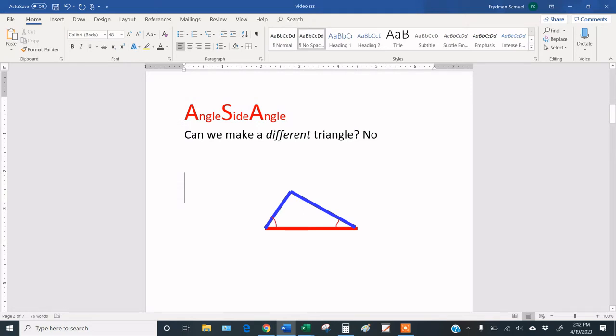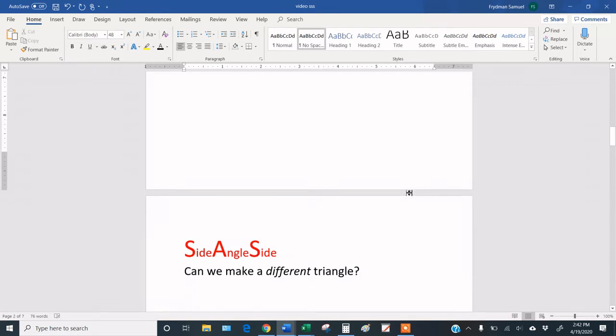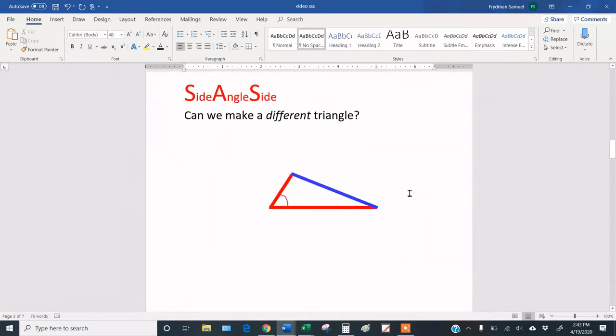All right, let's move on to the next set of conditions, which are going to be SAS. SAS stands for side, angle, side. So I am not allowed to change this side. I am not allowed to change this angle. And I am not allowed to change this side.